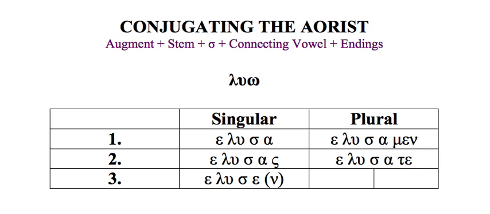Finally, our third plural will be epsilon for our augment, our stem will still be lu, sigma for the aorist, alpha for our connecting vowel, and nu for our ending. Here we have elusa, elusas, elusin, elusamen, elusate, elusan.